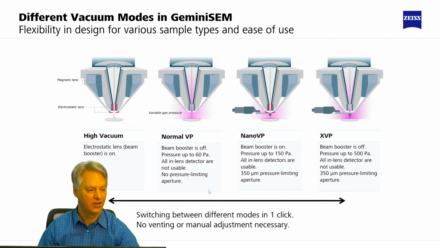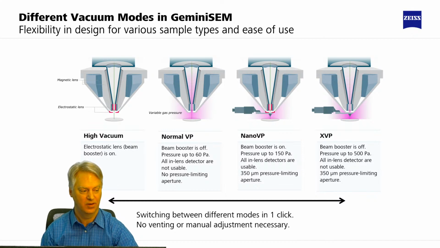We'll start with a slide that just shows the differences between high vacuum and normal VP, which means that we've let some gas into the chamber, but not an extra lot. It runs up to about 60 pascals, sometimes less than that. NanoVP has what we call a beam sleeve that comes in, and it makes a pressure limiting aperture.